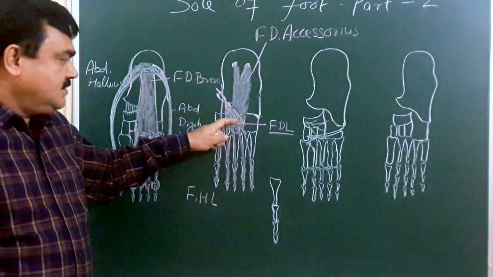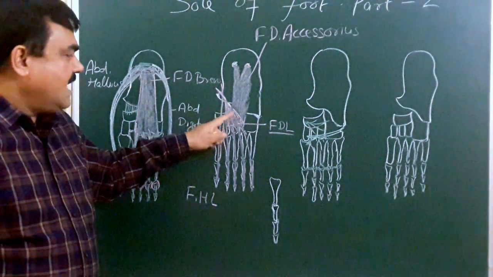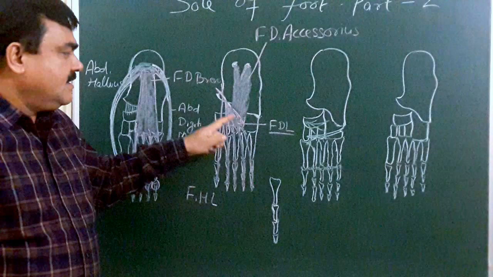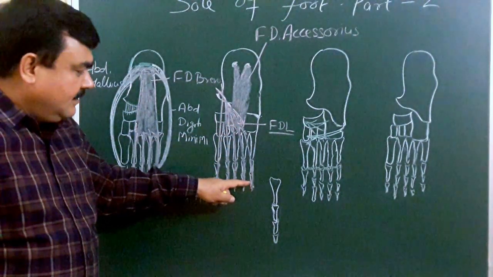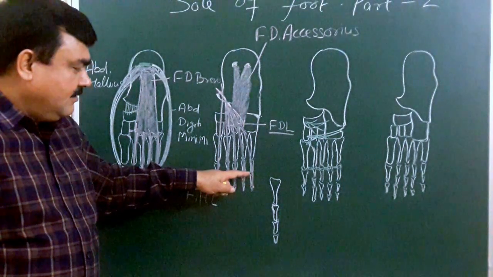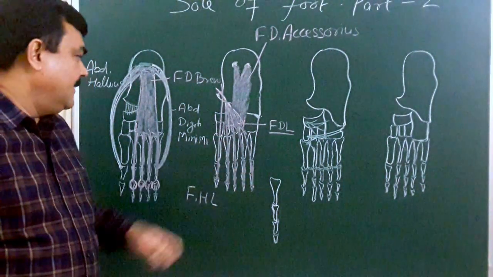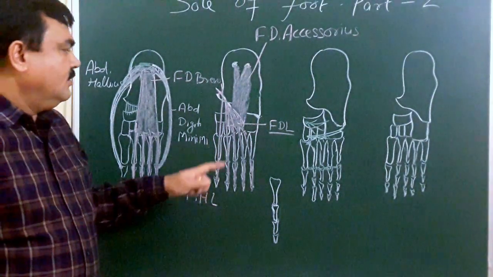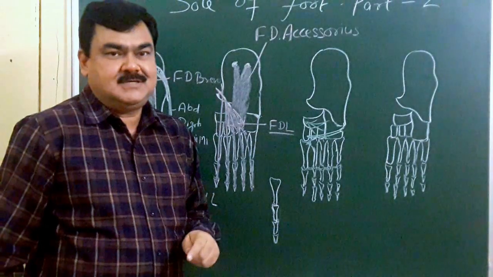Its action is to strengthen the action of flexor digitorum longus, that is flexion at the distal and proximal interphalangeal joints. So this is flexor digitorum accessorius.